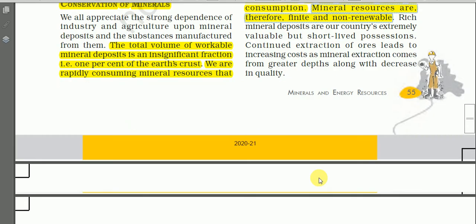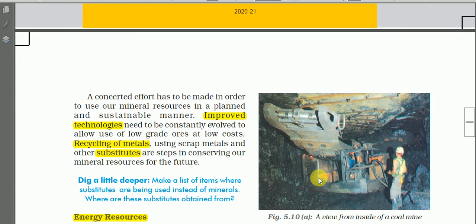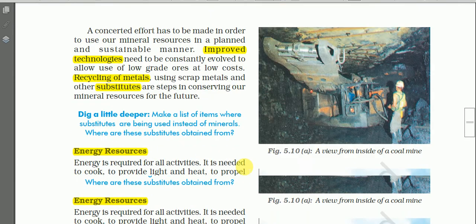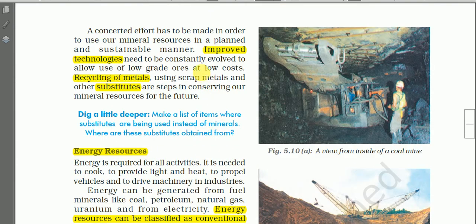And in the next section you will find how we can conserve minerals. Here some of the methods for conserving minerals are given. The first one is improved technologies, that is innovation.